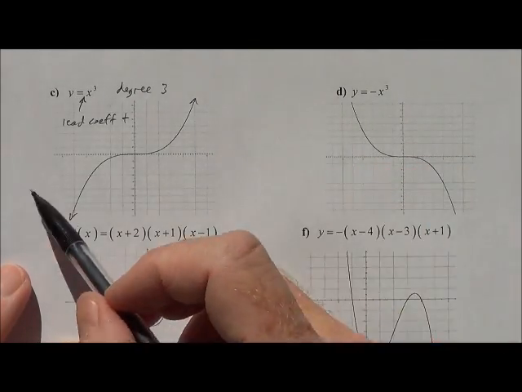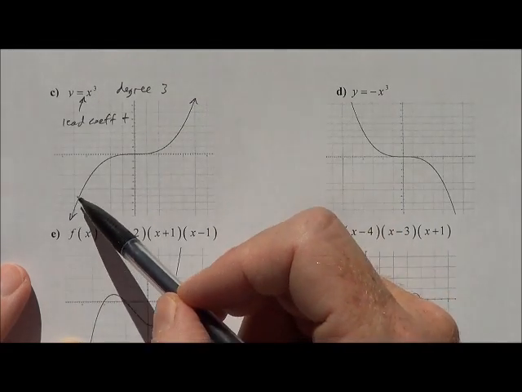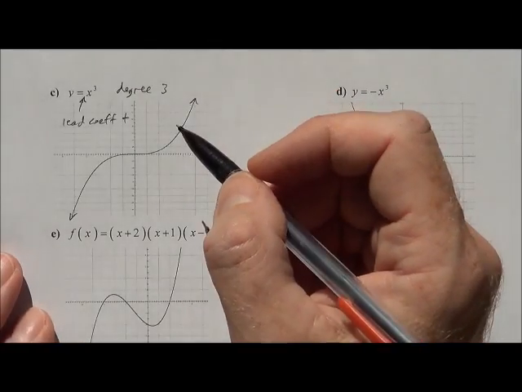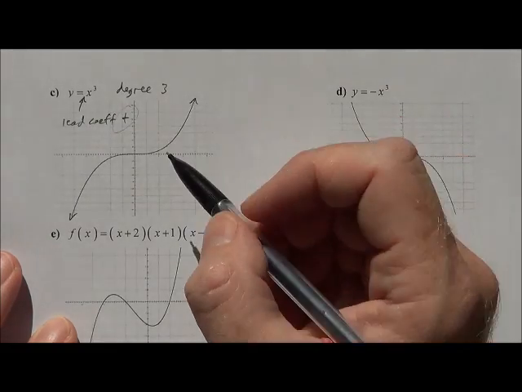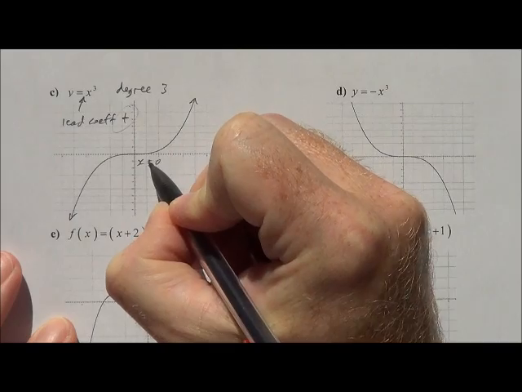Whenever you follow along the function, you always go from left to right. So the function is generally increasing from left to right, which is where the positive comes in. The zero is x equals 0.